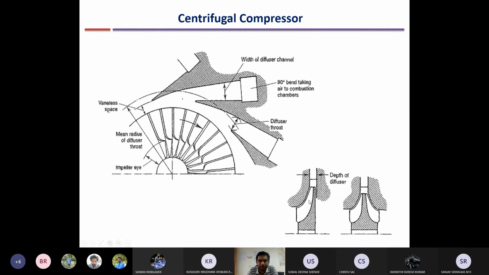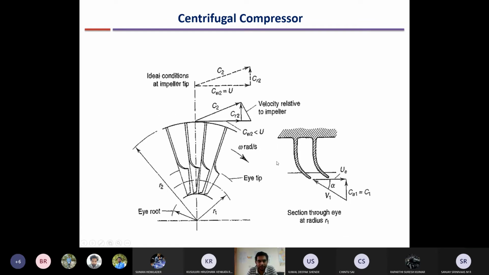We have to look at the velocity triangle with respect to the design. Otherwise, you won't be able to understand. If you look at the outlet velocity triangle, I will come to the notes again. The blade is moving in this direction at the outlet. Forget this case, just consider the top case.